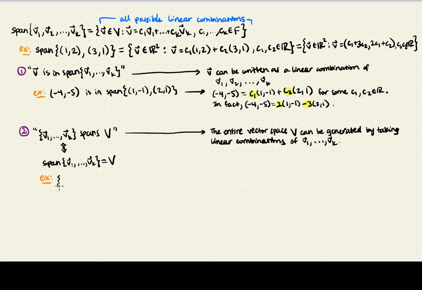I can say that the vectors (1, -1) and (0, 1), this set of those two vectors, spans R2.